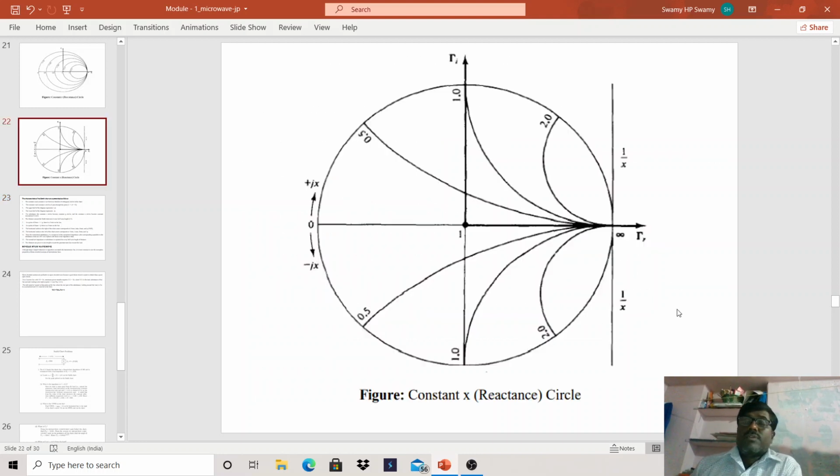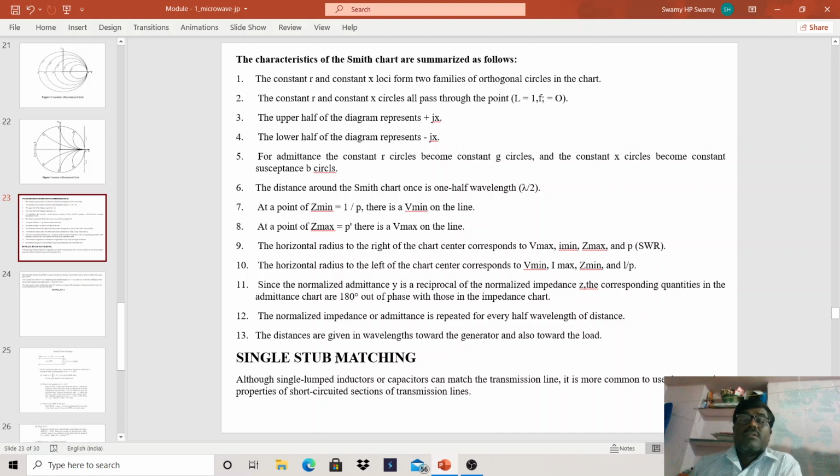The distance around the chart once is half a wavelength. Going one round around the Smith chart is half a wavelength, that is lambda by 2.